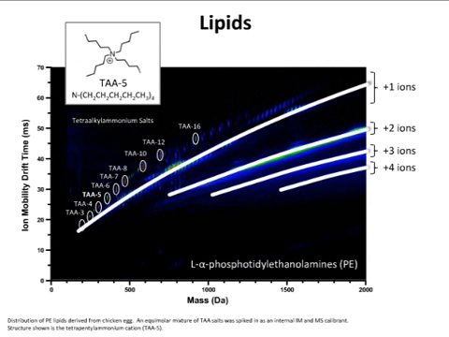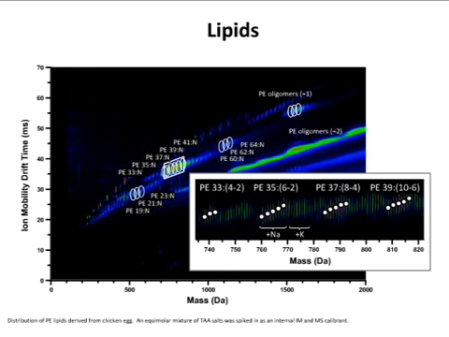Now, this is a case for lipids. So what we're doing here is using tetraalkyl ammonium salts as calibration standards. We're separating these different phosphatidyl ethanolamines into different charge state families. And now zooming in on one of these regions, you can see the quality of the data here is really quite high. So not only do we have high resolution in the mobility dimension, but also in the mass spectrometer as well.